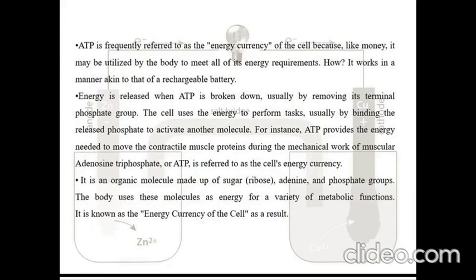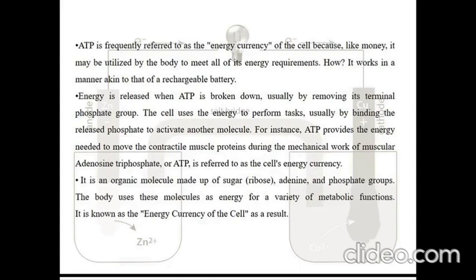Energy is released when ATP is broken down, usually by removing its terminal phosphate group. The energy is used by the cell to perform tasks, usually by binding the released phosphate to activate another molecule. For instance, ATP provides the energy needed to move the contractile muscle proteins during the mechanical work of muscular motion.